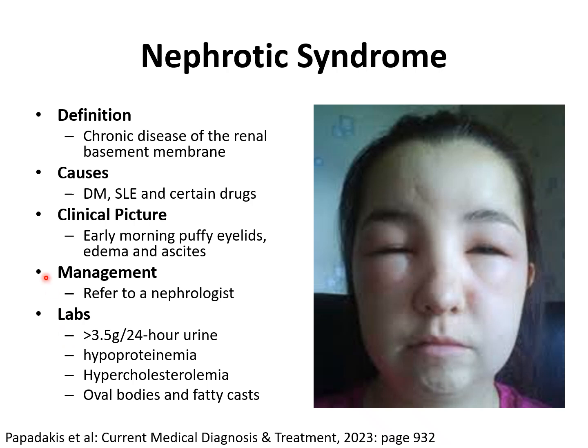Common causes would include diabetes mellitus, systemic lupus erythematosus, or certain drugs. The clinical picture, whether this is a child or an adult, is more likely to occur in children, and next likely in younger adults: early morning puffy eyelids, both upper and lower. That is characteristic of renal edema.